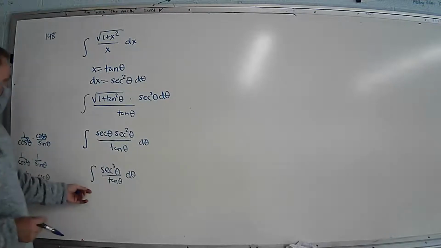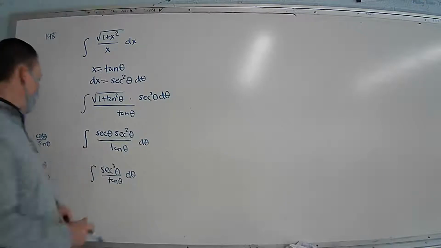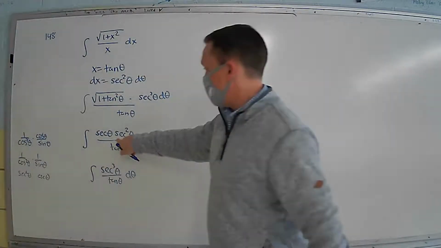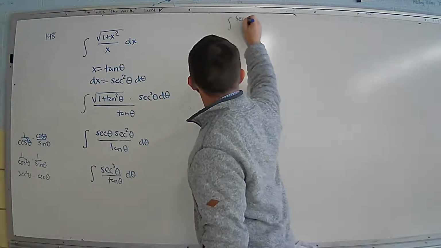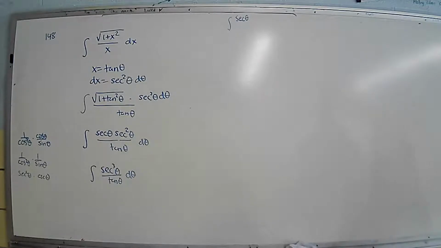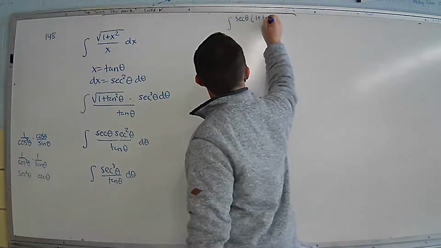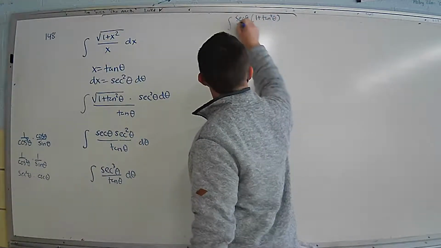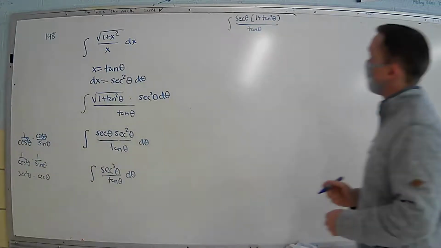So then I went back and I said, okay, well, let's do this. I'm going to go back to where I was right here, and I'm going to rewrite that. Instead of calling that secant of theta times secant squared, I'm going to call that secant of theta times 1 plus tangent squared. Okay?